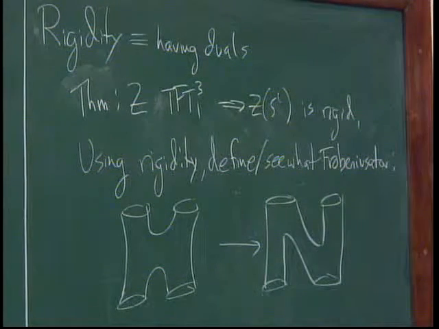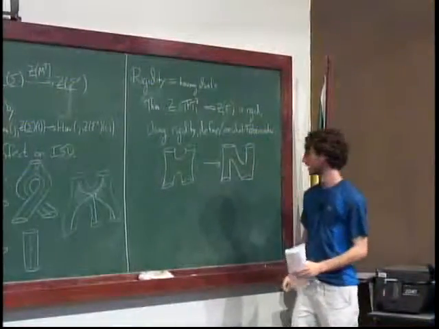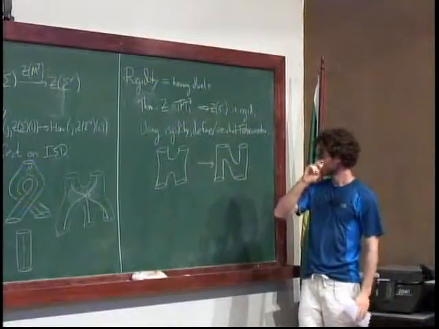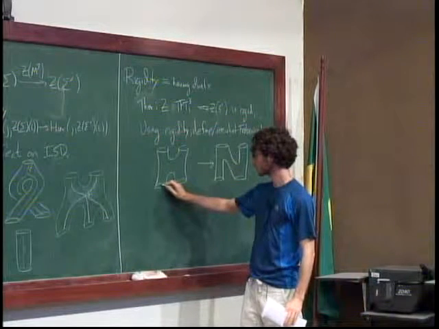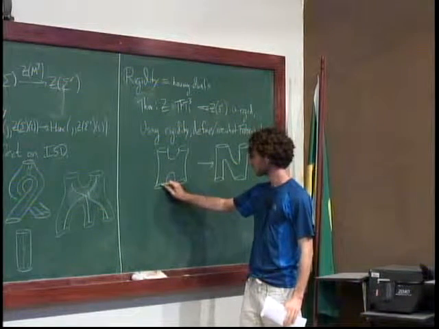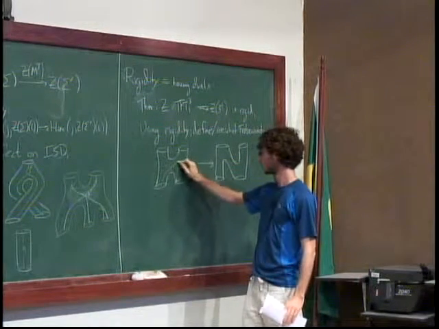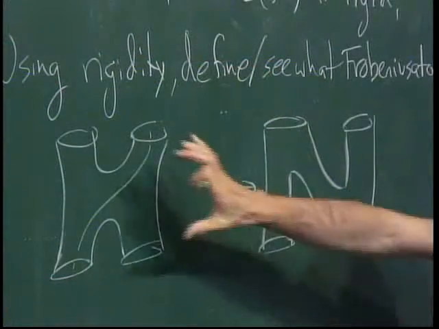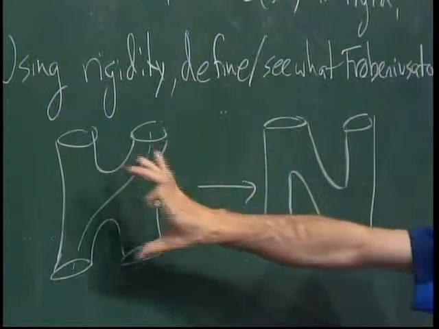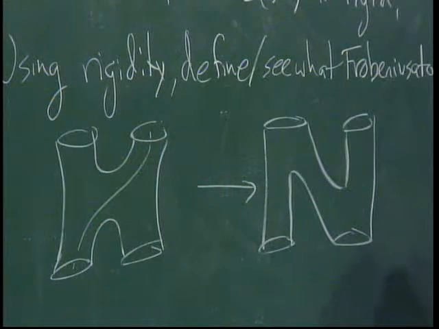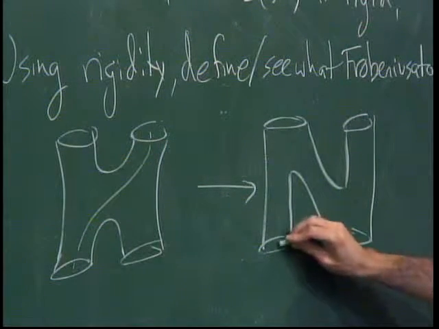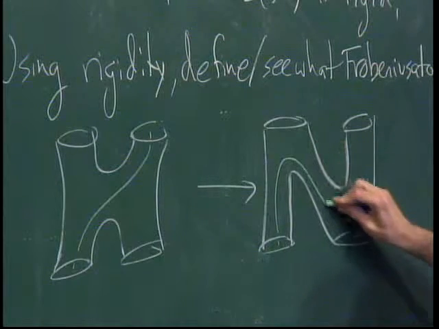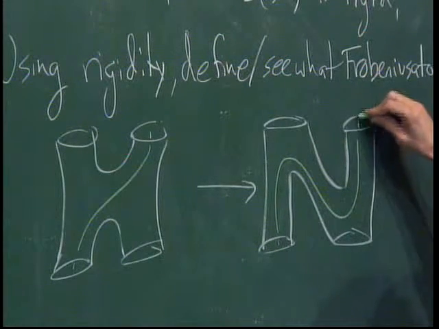And now let me tell you what that map is. Actually, I'll just tell you what it does on a very special string diagram, not a general string diagram, since this is the only one I need right now. Suppose this string diagram is an element of the vector space determining this functor, and it goes to this string diagram here.